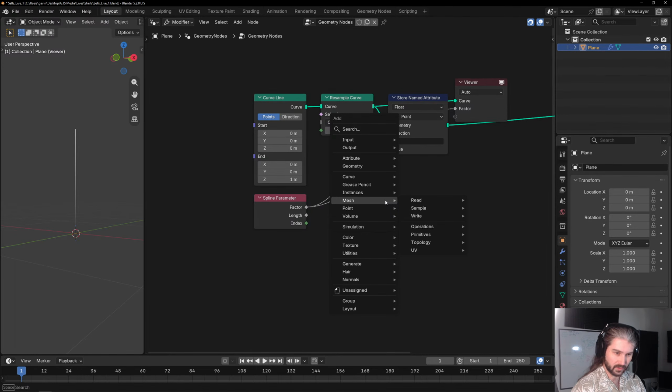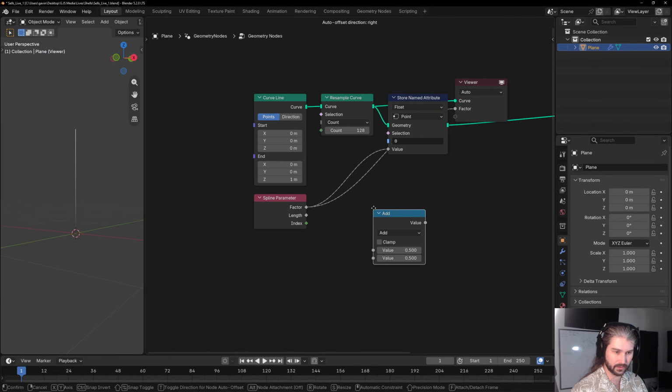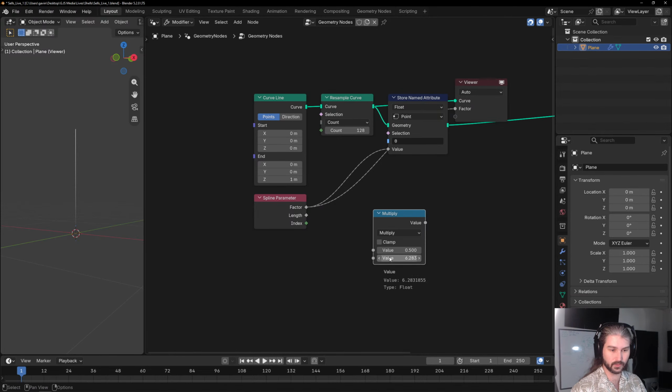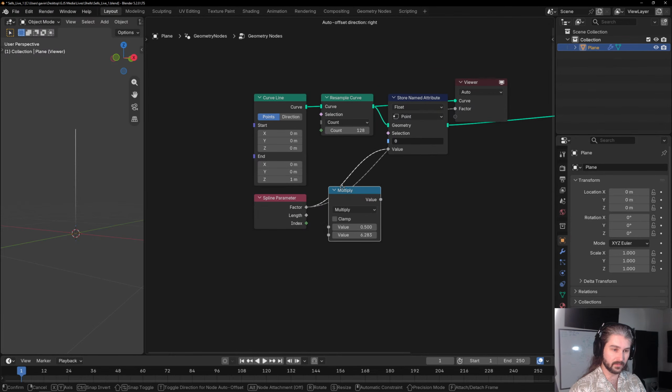What would make it a bit more usable? Well, if it were in the proper range of values. We want this to range from 0 to 2 pi, or tau. So we're going to use math, multiply our factor by tau. You can literally type in TAU and it'll bring up the value 2 pi in Blender.